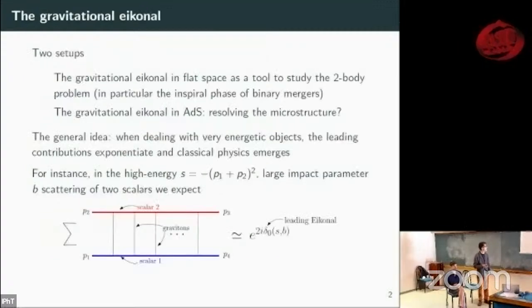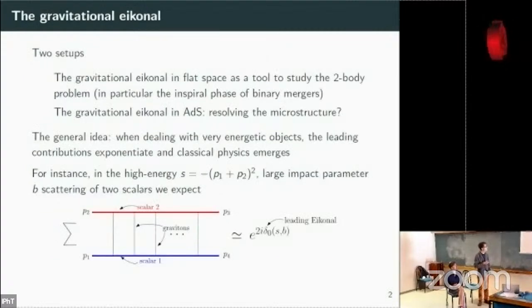Now, the leading eikonal here just captures the leading term in the large mass limit of these diagrams with many gravitons. The subleading terms hide extra new classical contributions.